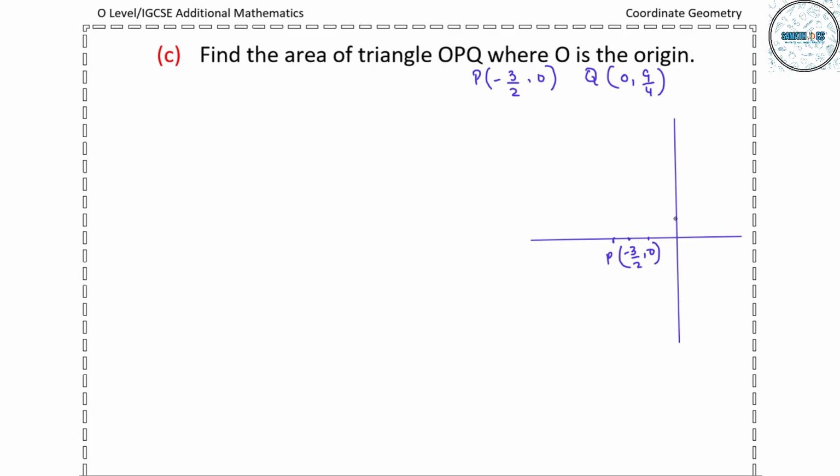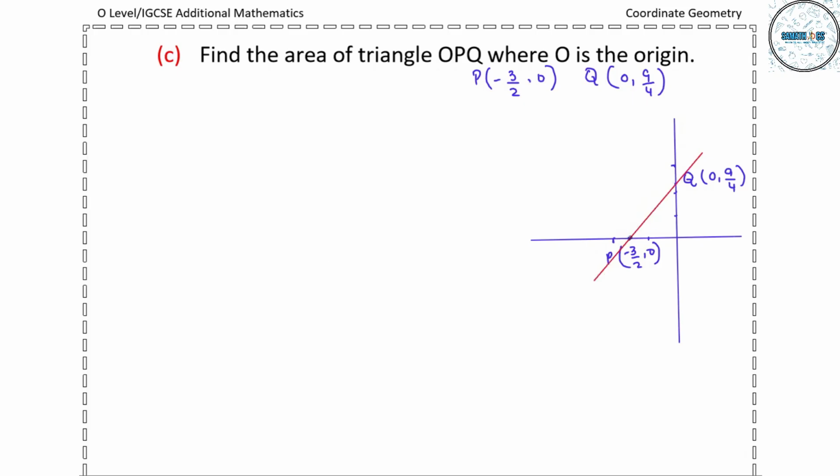which is 2 whole 1 upon 4. So 2 whole 1 upon 4 would be somewhat here. So this is the point, which is Q. Triangle would be like this.